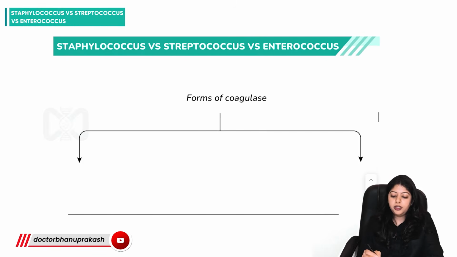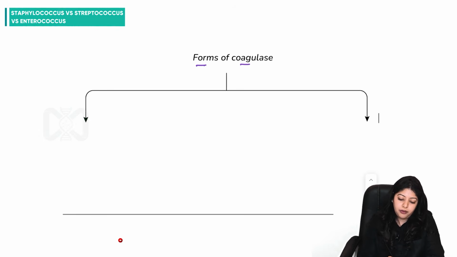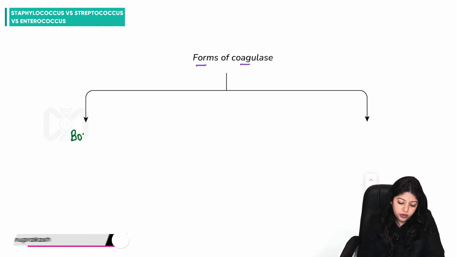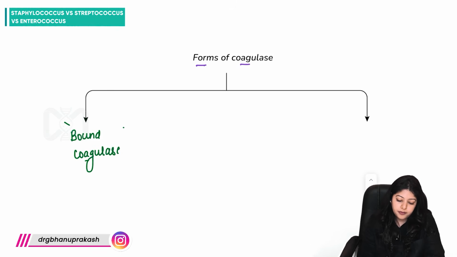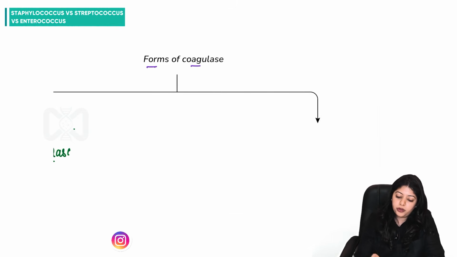So now what are the two types of coagulase which are present? We have one form which is bound coagulase, and the other one is the free coagulase.